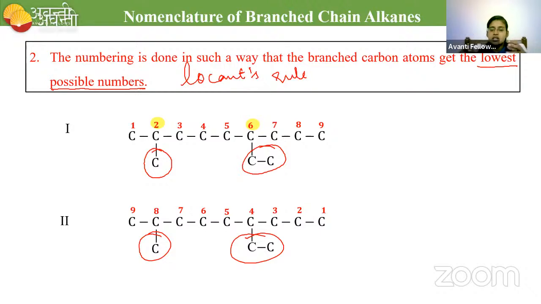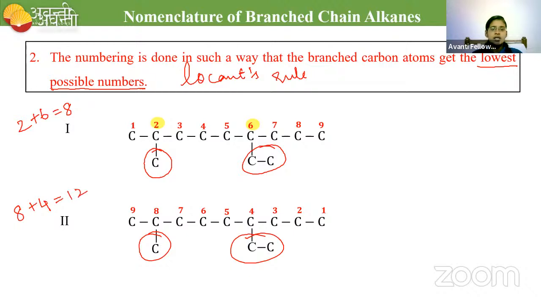The branches are attached to the carbons, so those carbons should have the lowest possible number. In the first case, we have 2 and 6, which is equal to 8. In the second case, we have 8 plus 4, which is equal to 12.